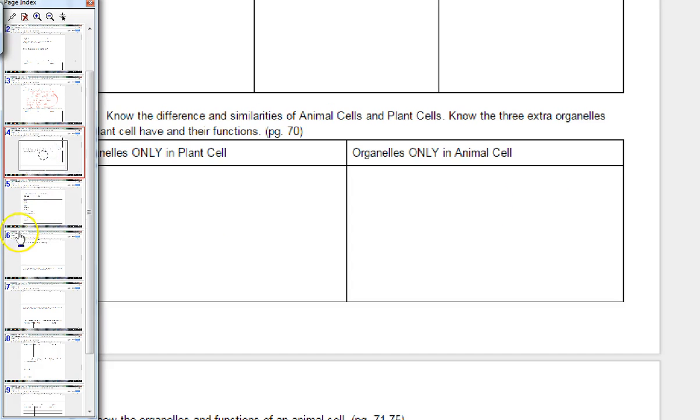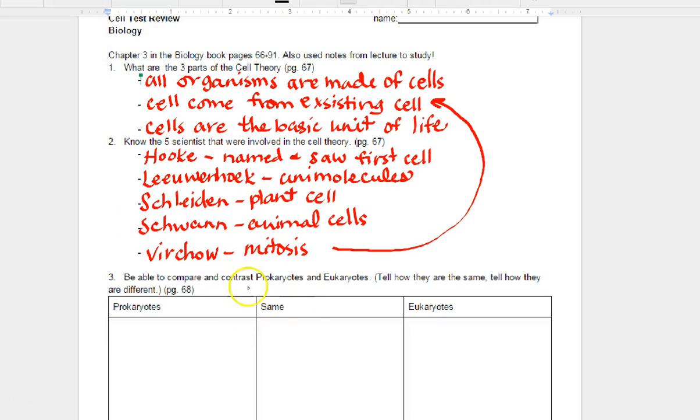All right, the next thing that we need to talk about are prokaryotic and eukaryotic cells. So we were talking a little bit about Leeuwenhoek's animalcules. Those were prokaryotes, and those are bacteria. And bacteria are very small. They're about the size of a mitochondria inside of our cells. So they're much smaller, about 1/10 of the size, I think is what the book says.